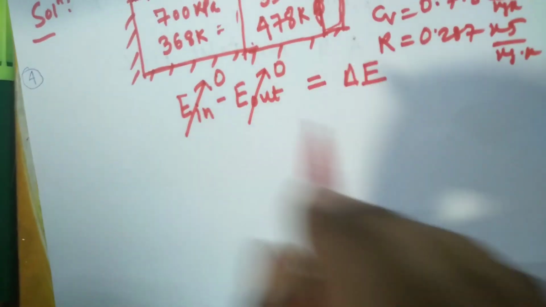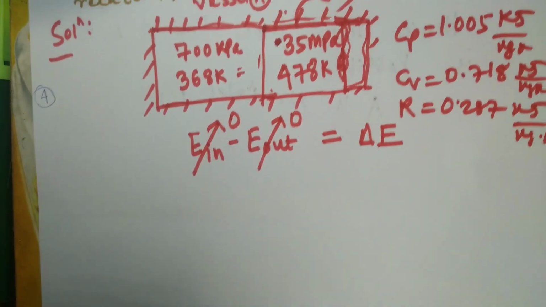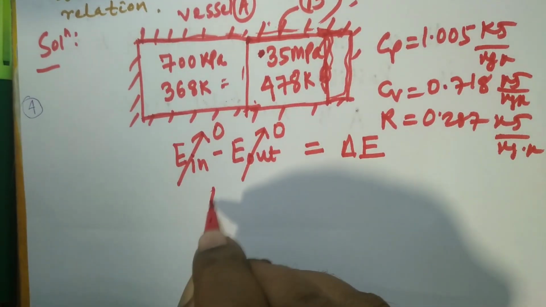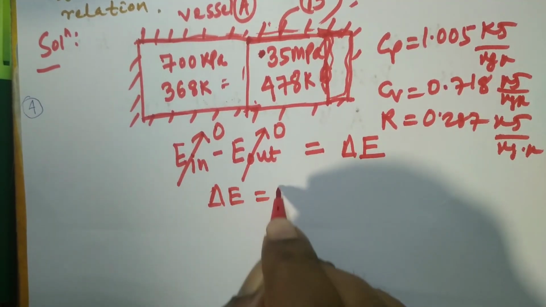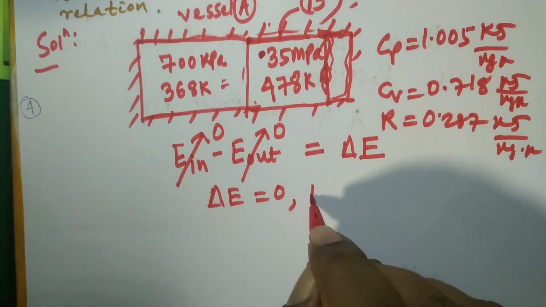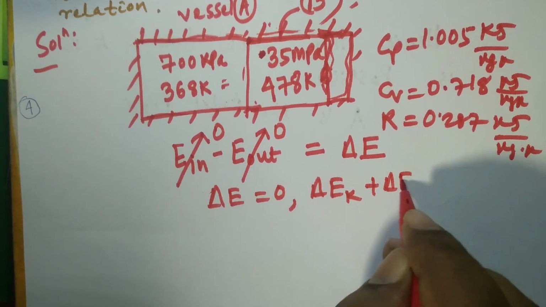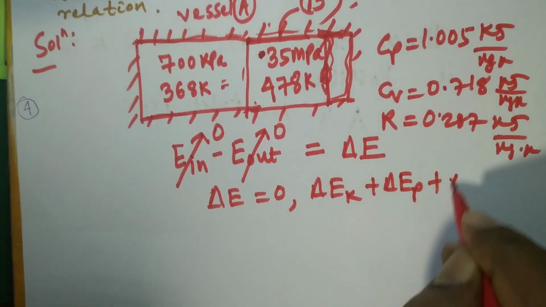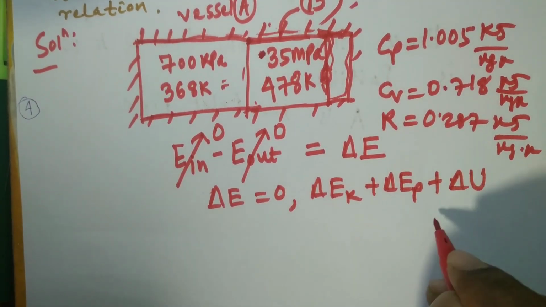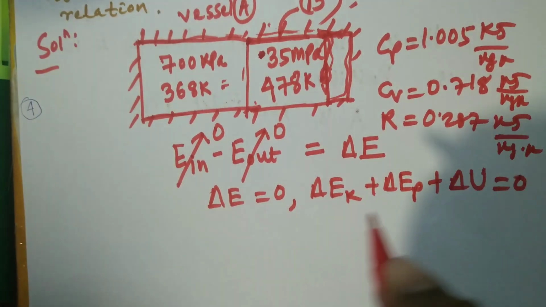If you consider this as a combined system for analysis, then delta E is equal to 0. Delta E is nothing but the summation of delta Ek plus delta Ep plus delta U. Delta U is the change in molecular internal energy.